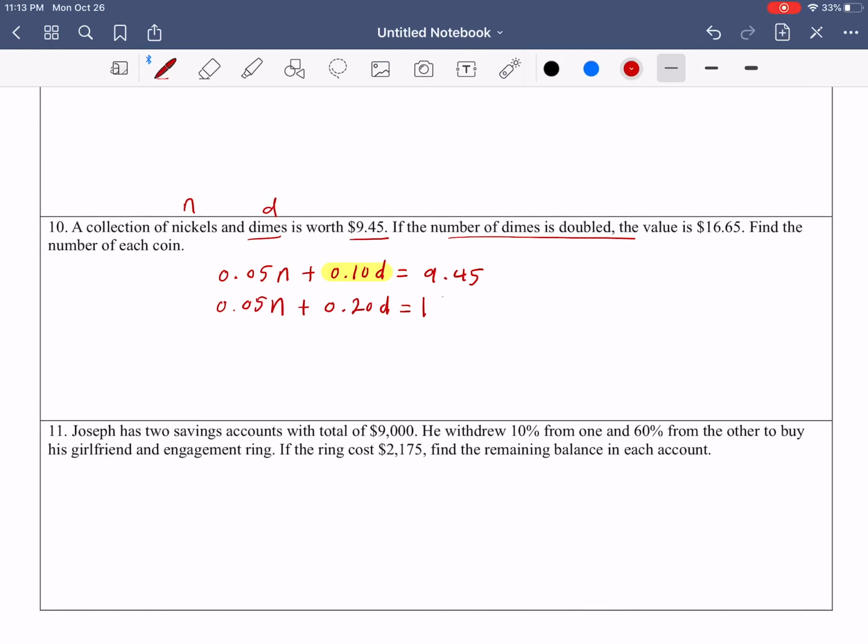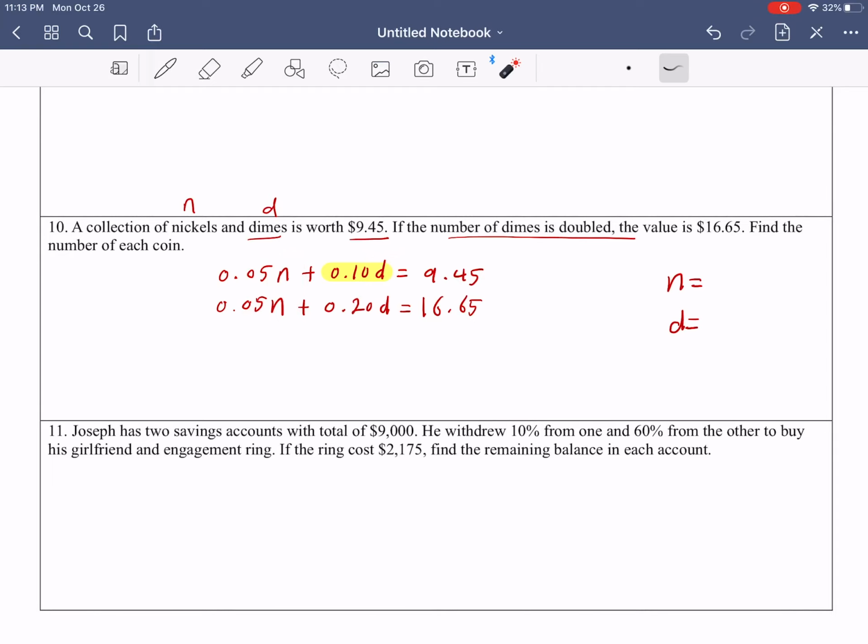This one becomes 16.65. So find the number of each coin. You're going to put this into the calculator. Obviously, you're not going to use N and D, you're going to use X and Y, to find the number of nickels and the number of dimes. When you put this into the graphing calculator, make sure to use X and then Y.